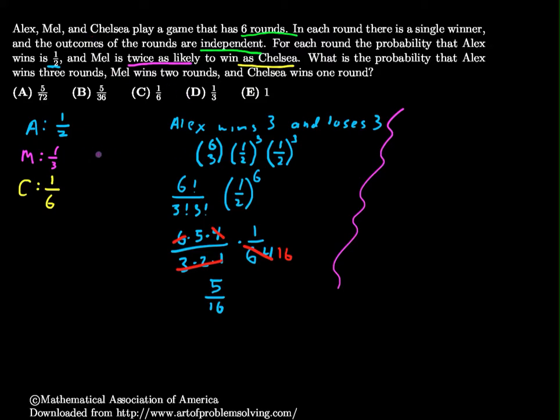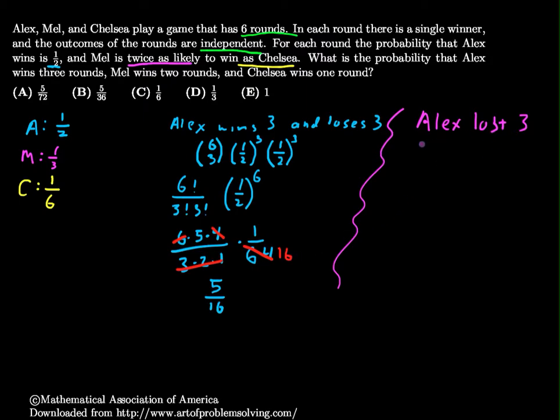Okay, and now we need to deal with Mel and Chelsea. So there are 3 rounds left. We know that Alex already lost 3, so there's no probability to this. This happened because of this. We said he lost 3 already in this 5 out of 16 times.